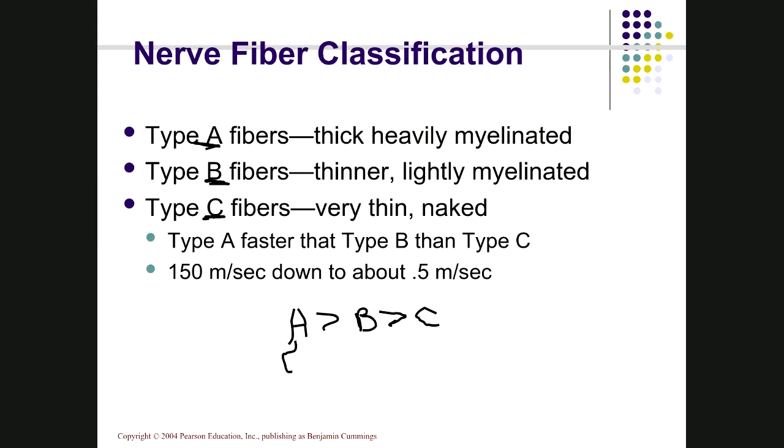Some A's can travel as much as 150 meters per second. That's like a football field and a half in 1 second. And some are so slow that they only travel about a half a meter per second. So look, this is 300 times faster.